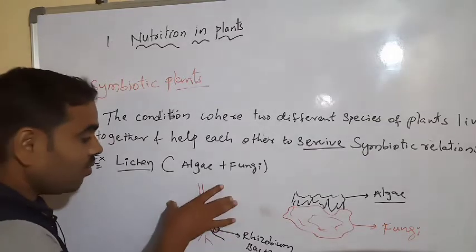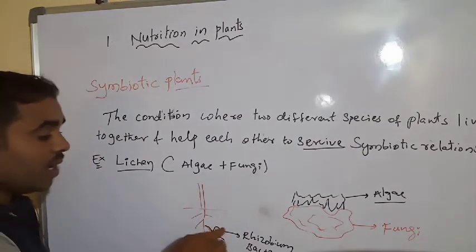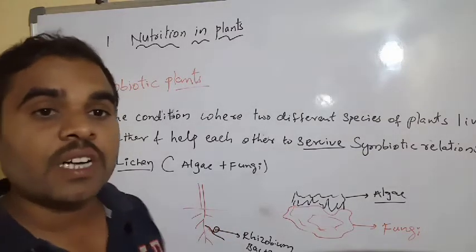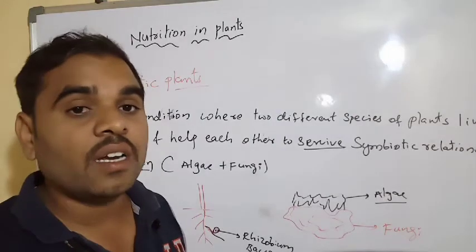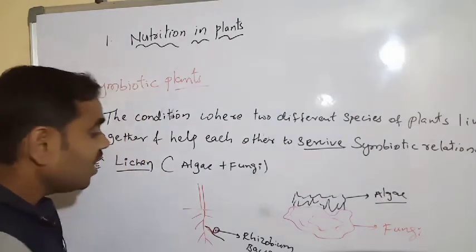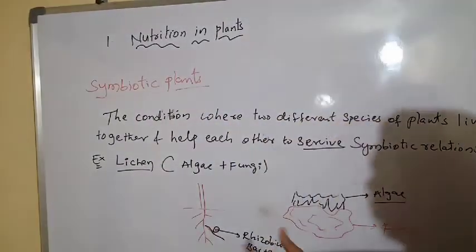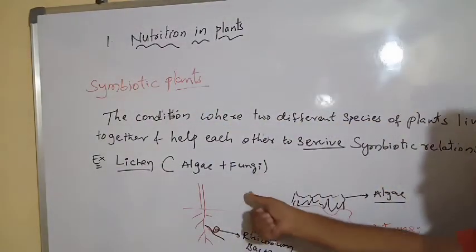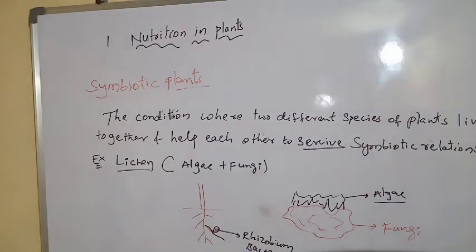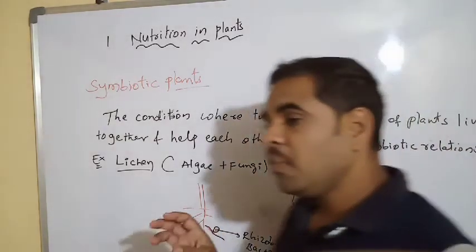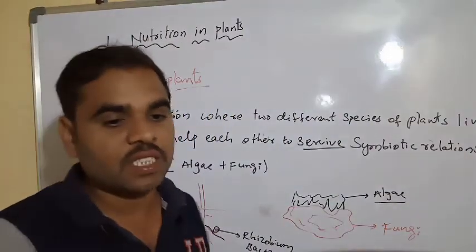Nitrogen is required by the plant, but the Rhizobium bacteria require shelter. This symbiotic relationship occurs between plants and Rhizobium bacteria.